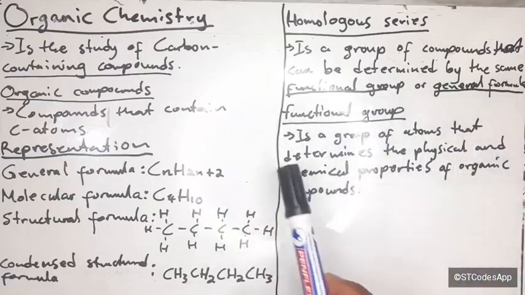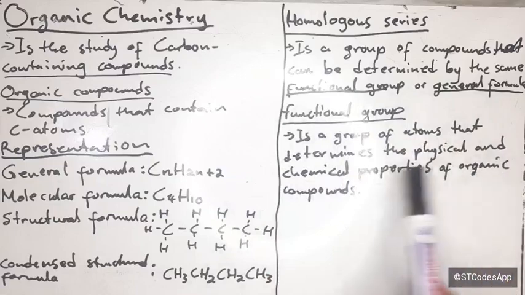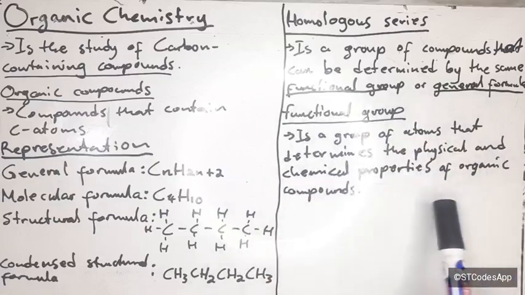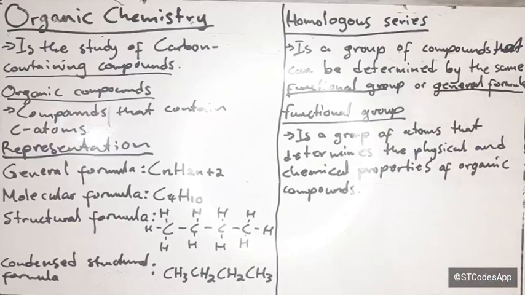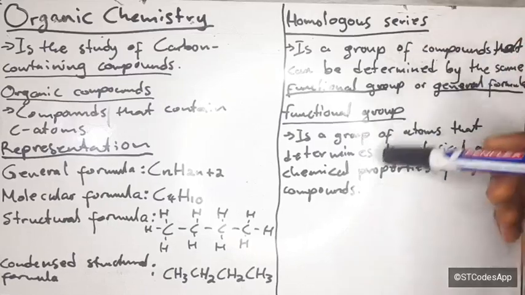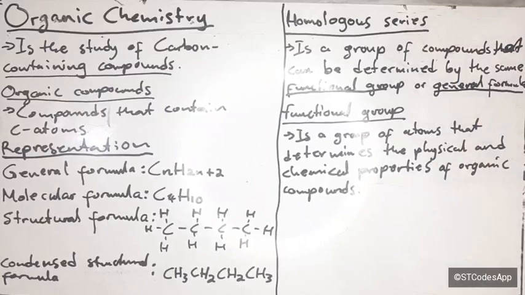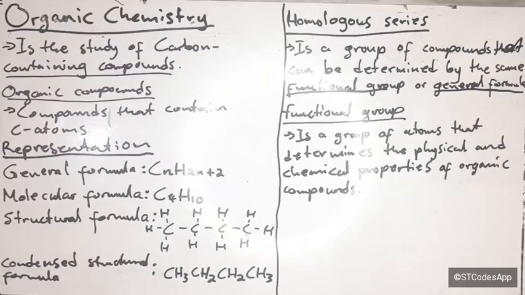A functional group is a group of atoms that determines the physical and chemical properties of organic compounds. These two things at first never made sense. In the next video, we'll be talking about these two things fully. I will try and explain a lot about these things.